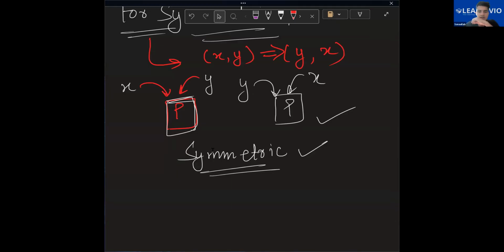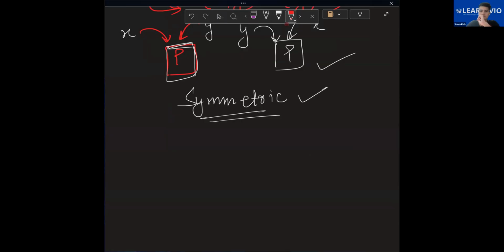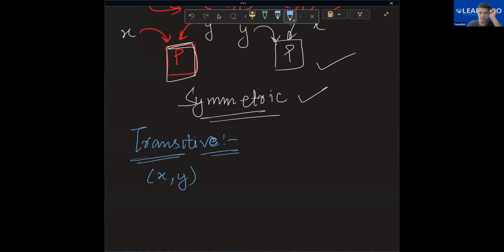Okay. So let's move to the transitive thing. For transitive, if we have x comma y and y comma z, then we must have x comma z. ये आपको समझ आ रहा है ट्रांसिटिव कैसे होता है?